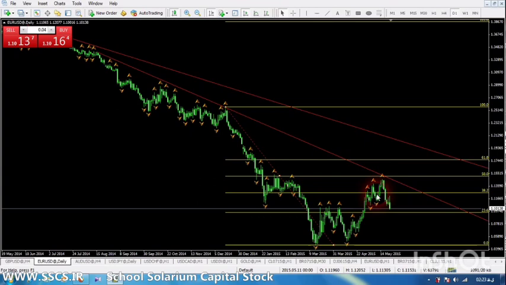And another important point is that in your longer time frames, daily time frames or longer, your 38 and 61 levels are your most powerful resistances. So when your price reaches the 38 level for the first time, there is an 80 or 90% possibility that you're going to have a retracement and the price is not going to be able to go further than your 38 level.